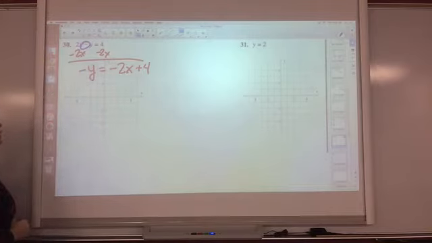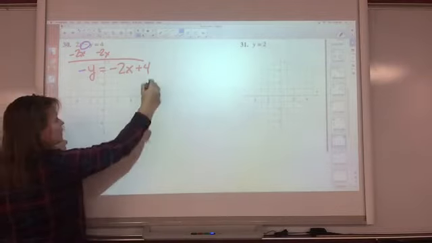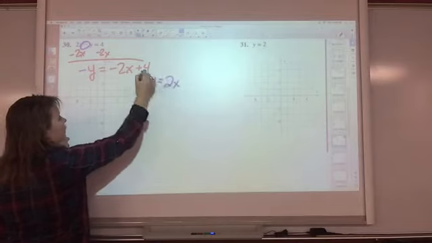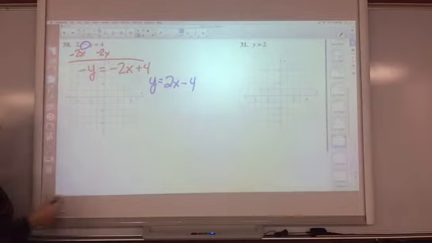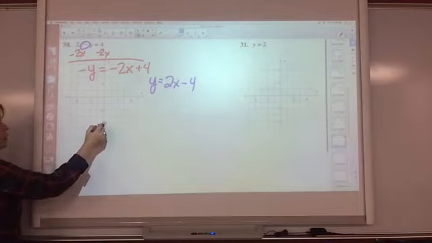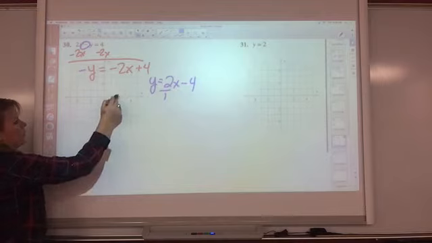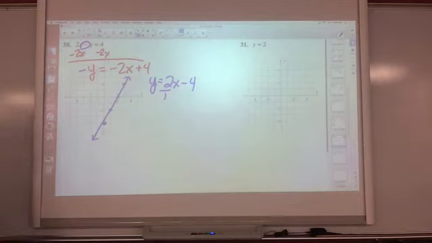It's got to be there. Simplify by changing that to a positive y, a positive 2x, and a negative 4. Change all signs or divide by negative 1. We start down 4 and then go up 2 over 1. And you can continue to go up 2 over 1 to make an accurate line.